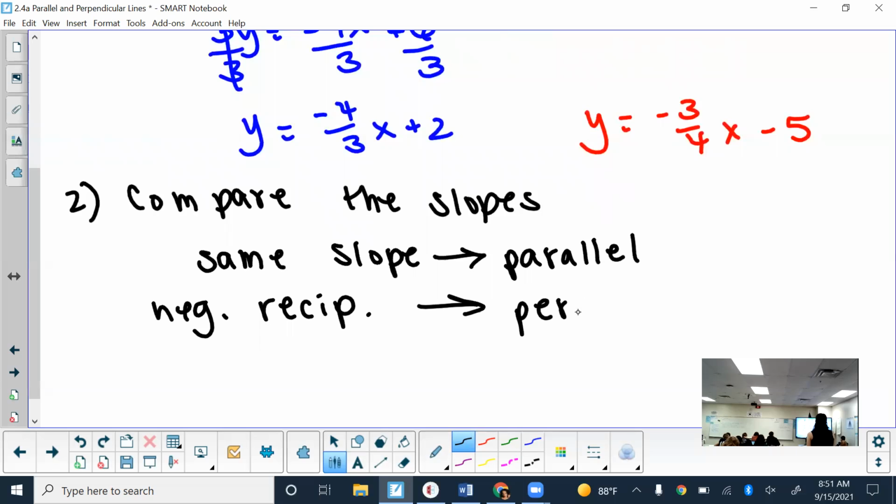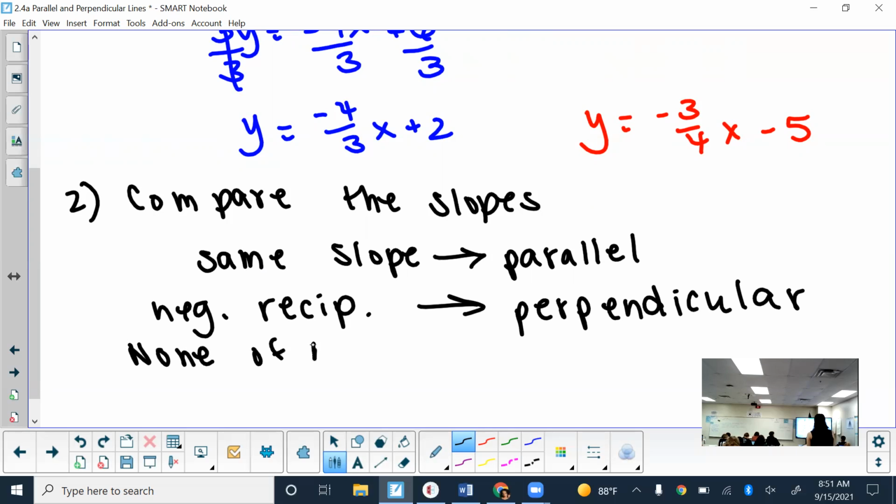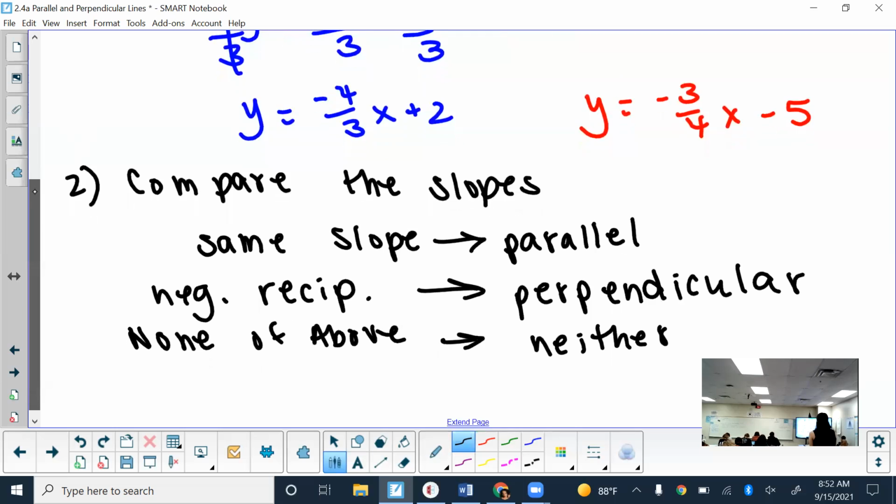They're perpendicular. And then if it's none of the above, so the slopes are not the same and they're not negative reciprocals, then your answer is neither. It's asking you if it's parallel, perpendicular, or neither. And do write that down.